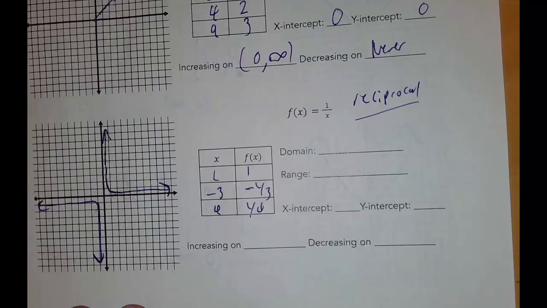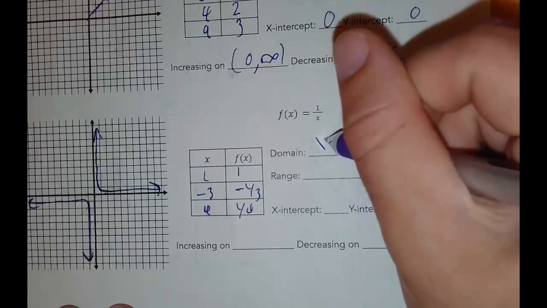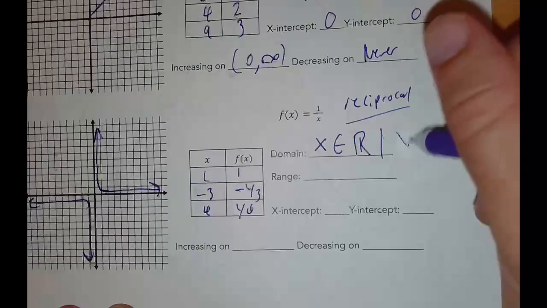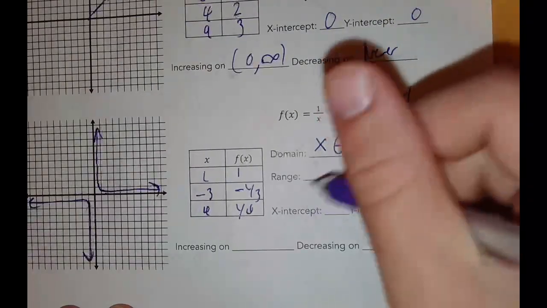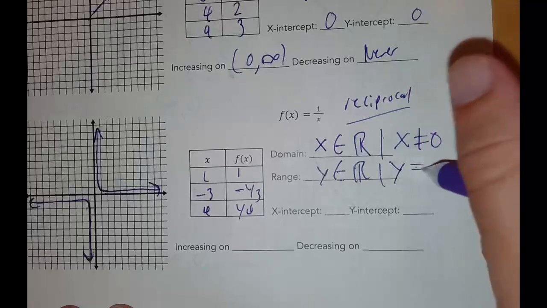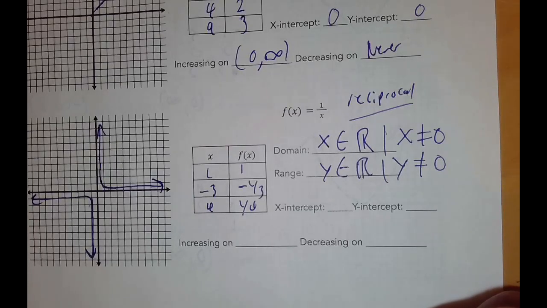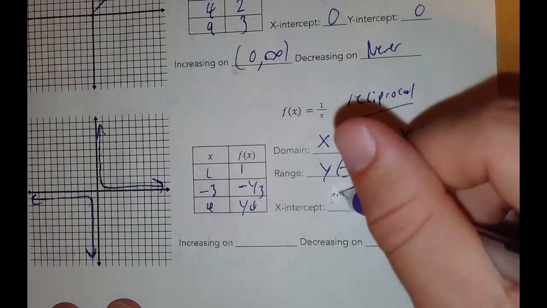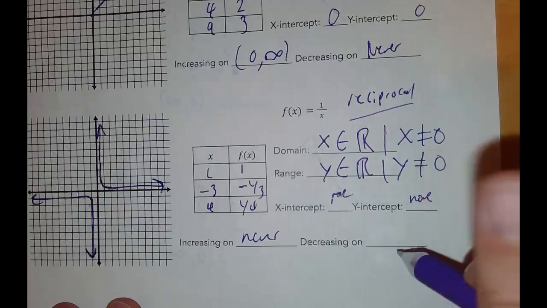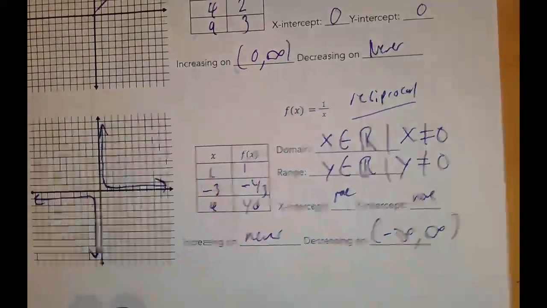We have a vertical asymptote because you cannot divide by 0. So x is all real numbers but x cannot equal 0, and y is all real numbers but y cannot equal 0. There is no x-intercept and no y-intercept. It's never increasing. It's always decreasing.